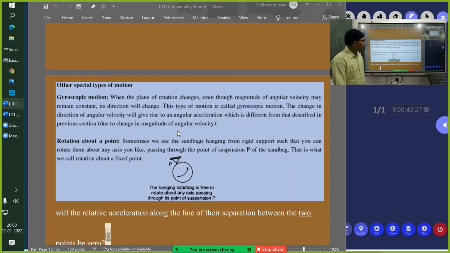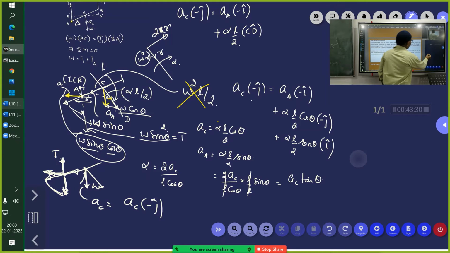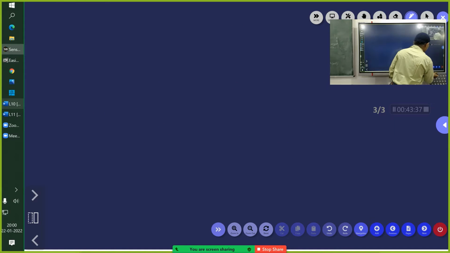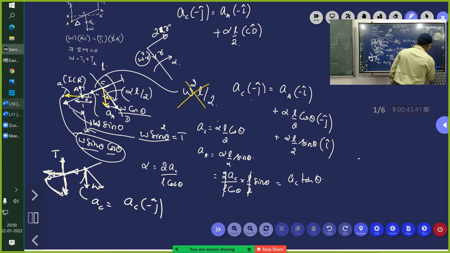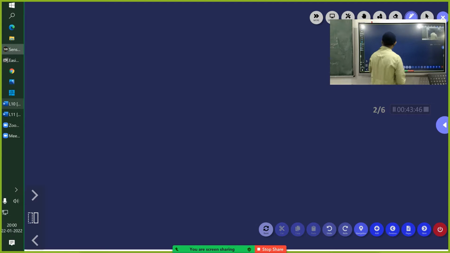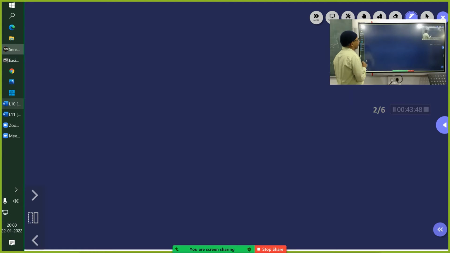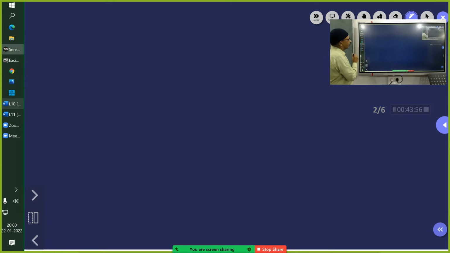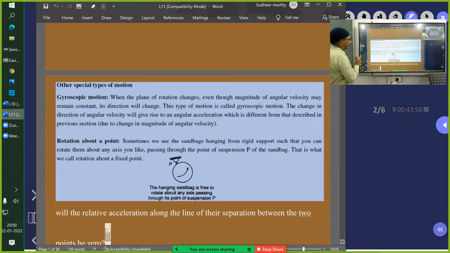Okay, so what it is meaning here is the change in the direction of velocity.